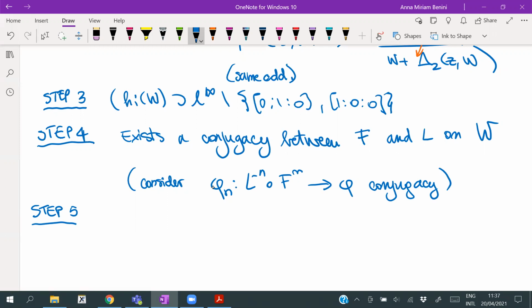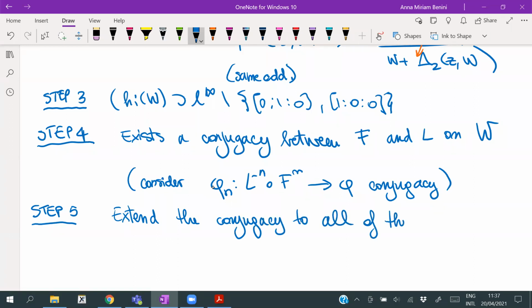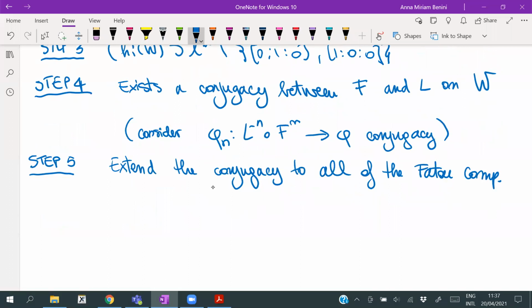You would like to say that you can extend the conjugacy to all of your Fatou component, and get the complex structure. Of course, so what is the picture now? The complex structure of the Fatou component.